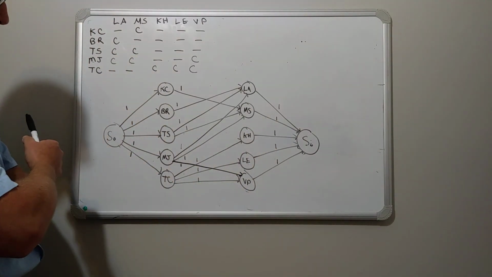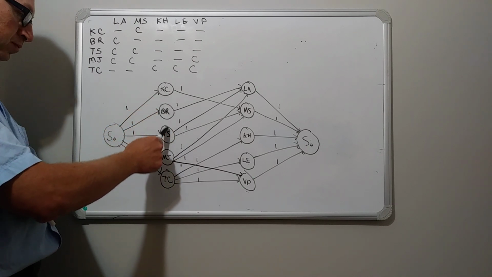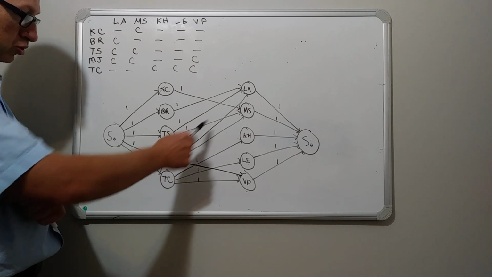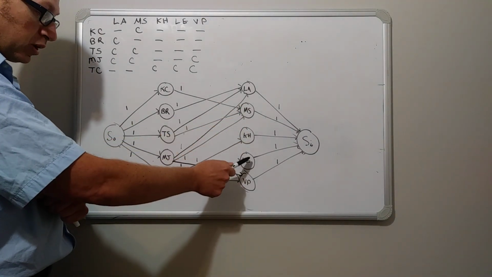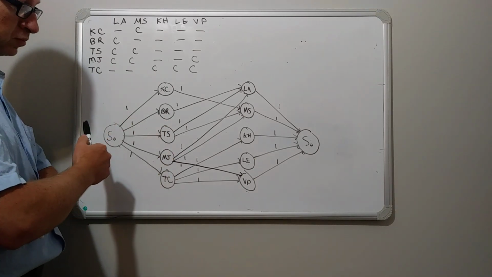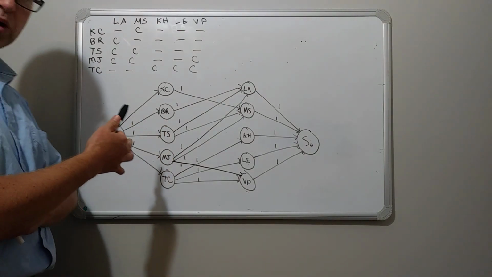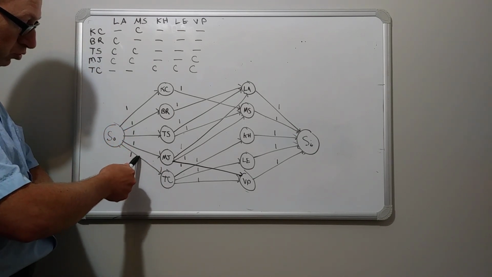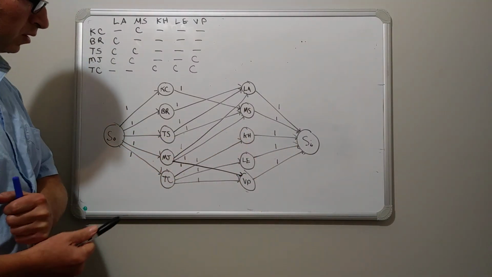So the bottom line is we're going to match up each of these people with at most one of these people, and each of these people will get at most one of these people. And we'd like to match up as many people as possible, so we would like to flow as many units as possible from the source to the sink.